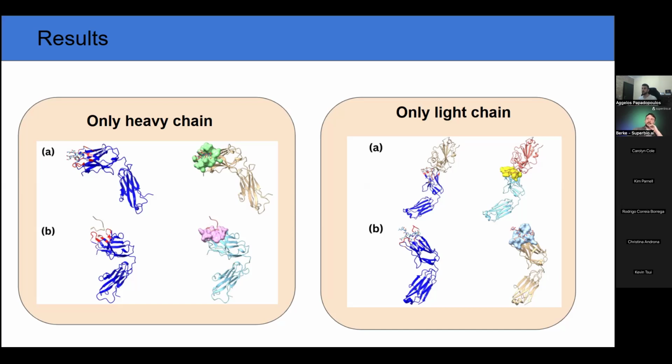Here we performed experiments on all three datasets by keeping only one chain as the ground truth. Here you can see some results. This is the binding site. This is the antigen for both heavy and light chain.